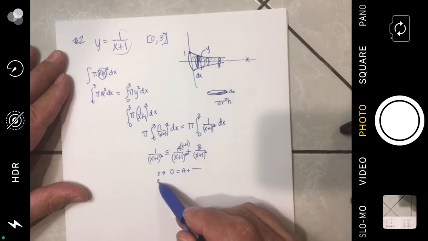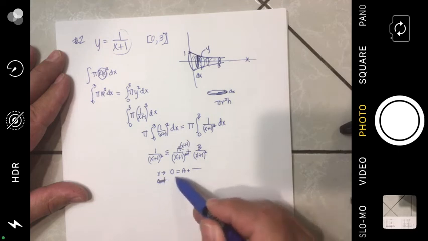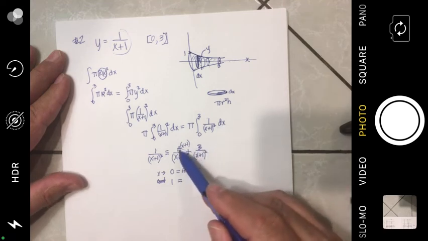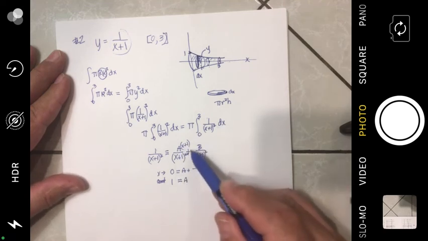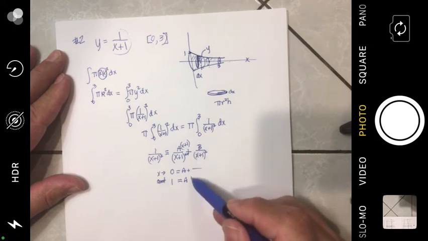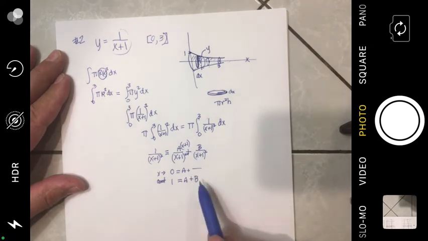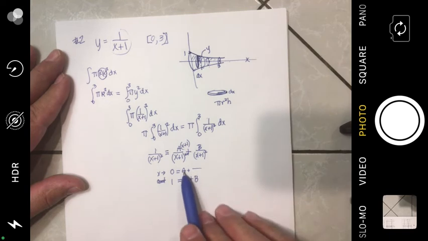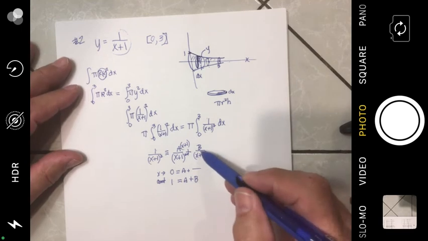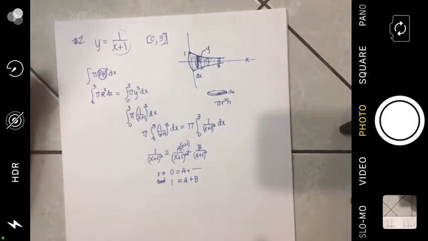And then if I look at the constant, I have a 1. And over here I have A times 1, which is A plus B. So it looks like A has to be 0 and B has to be 1, and we don't get anywhere because we're right back to this.